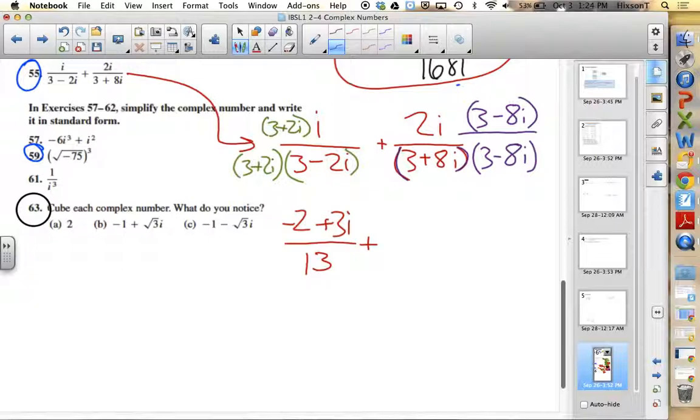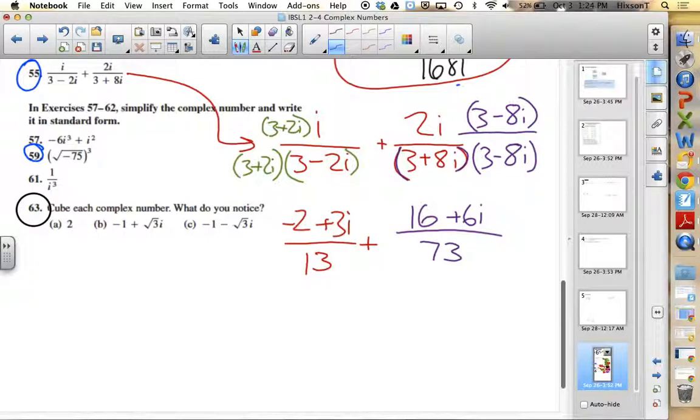So in my numerator, I have a plus 6i, and I have a minus 16i squared, so that's going to be a positive 16 plus 6i. In the denominator, I have a 9 minus 64i squared, so that's 9 plus 64, which is 73. Okay? Any questions up to that point?